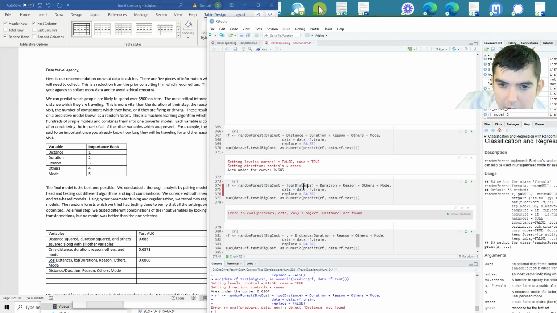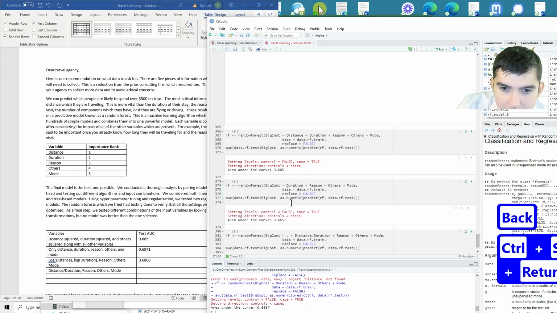When I try to take the log transform of this, it's giving me an error, which is just strange. So let's just try removing that entirely.